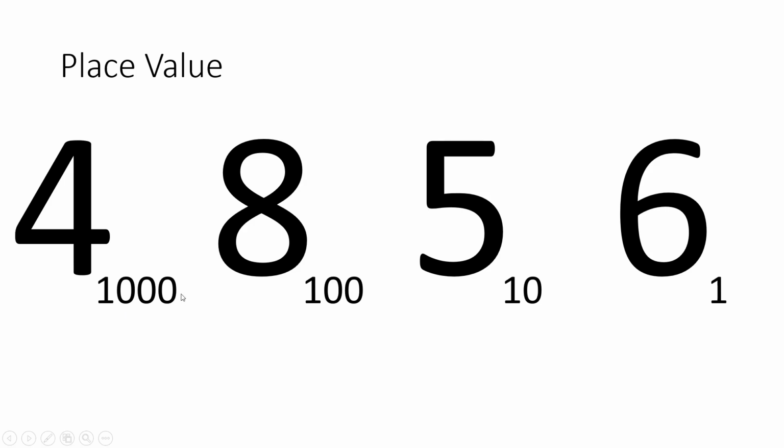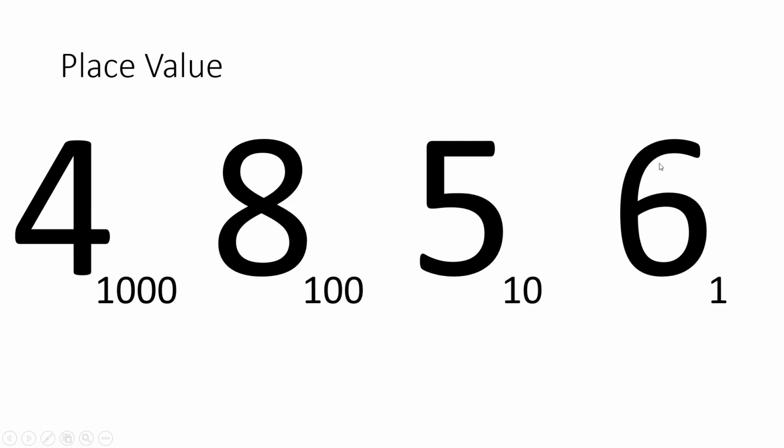These numbers written beneath the larger numbers are called the place values. They define the value of the place that the digit holds. So here 4 is not simply 4, it is 4000. 8 is not only 8, it is 800. 5 is not only 5, but 50, and 6 is 6.